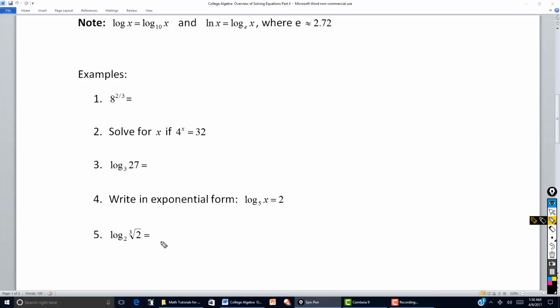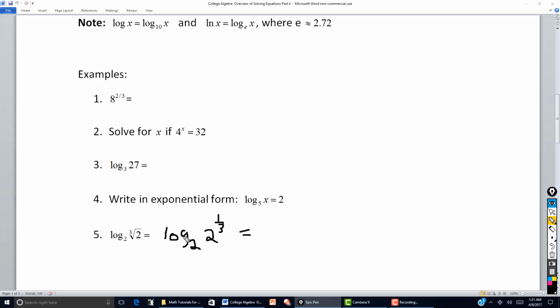Number 5, we have log to base 2 of the cube root of 2. What is this equal to? If you can't see what the answer is, you can rewrite it this way. This is base 2, and the cube root of 2 can be written as 2 to the 1/3. If that were a square root, that would be 2 to the 1/2, right? Fifth root, 2 to the 1/5, and so forth.